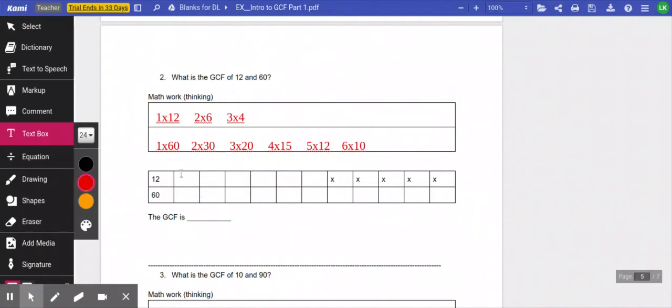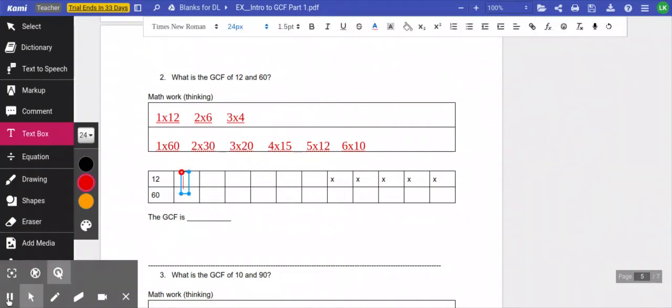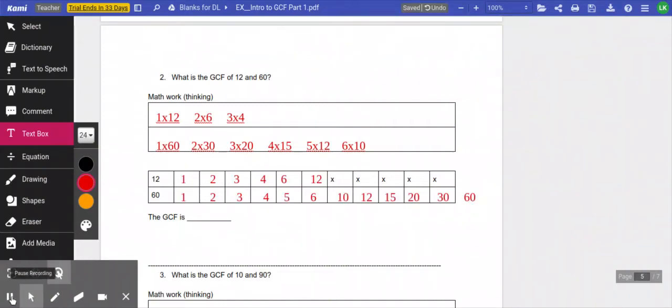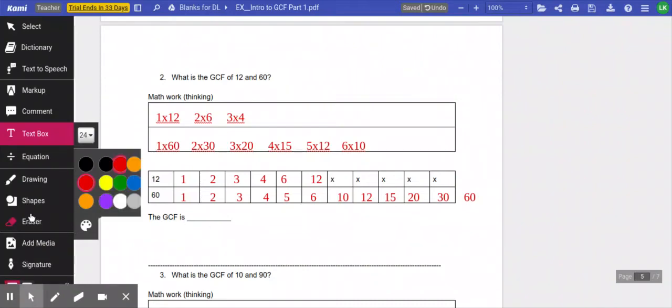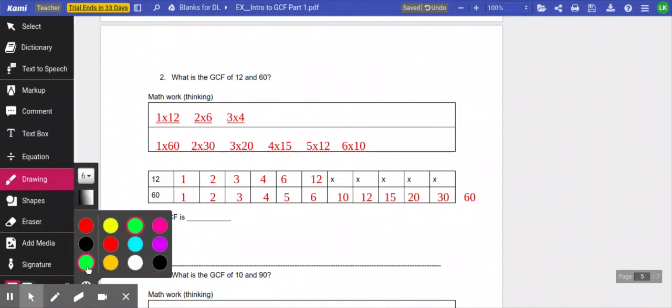Now record your factors below in the chart in number order. All right, so I just filled the numbers in number order. Now, you'll notice that I didn't put enough boxes here, but I actually did that for a reason. I wrote them all out, but I'm still going to show you why you don't need all of them.